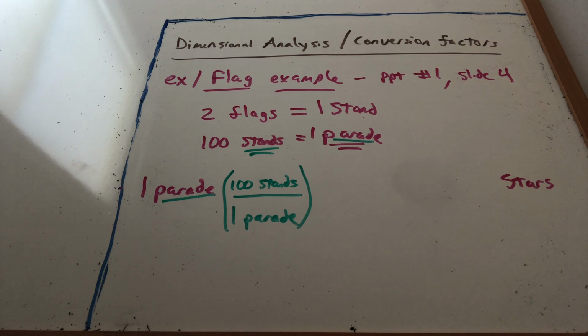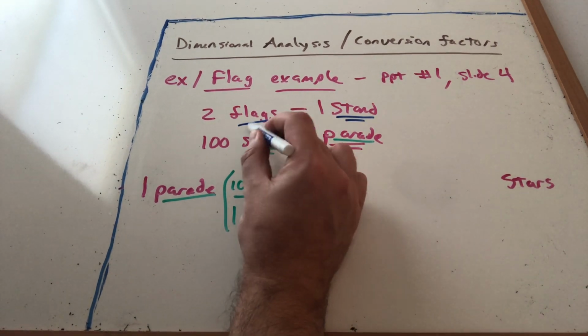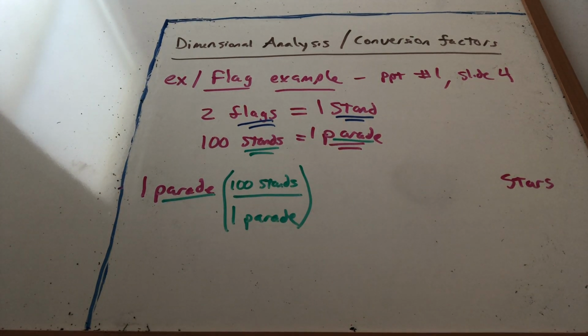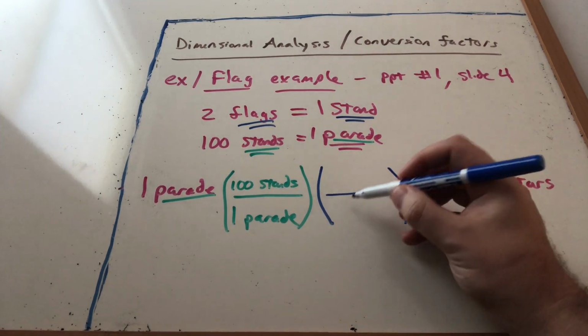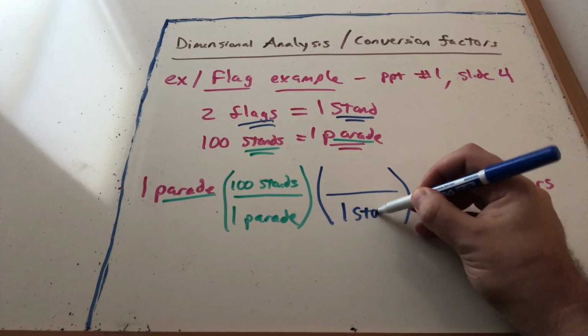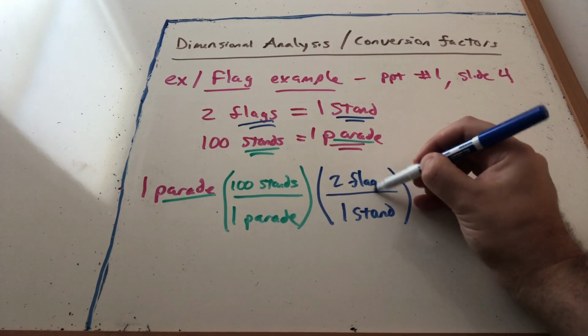Now I look and say, okay, I have stand information. Is that star information yet? Well, no, not really. So guess what we're going to have to do? Use more conversion factors. I do see how stands relate to flags, though. So I can build another conversion factor here using the same ideas, where I put one stand down here, and that stand can hold two flags.